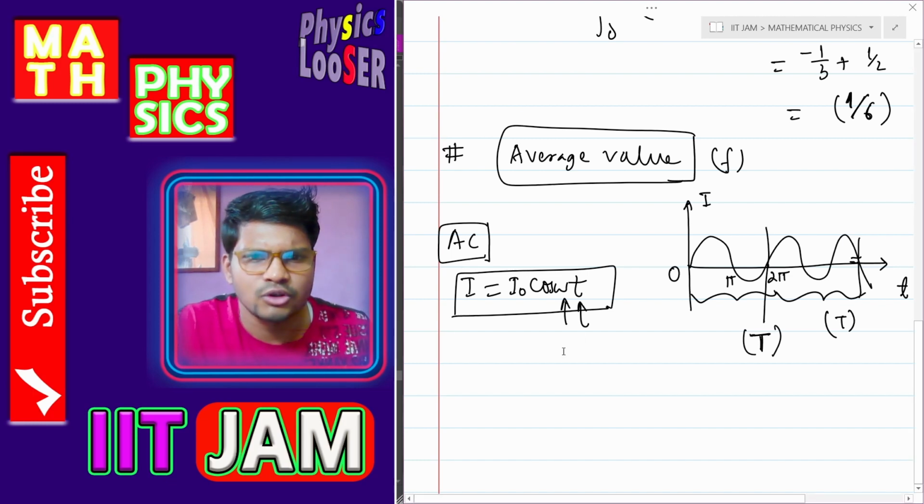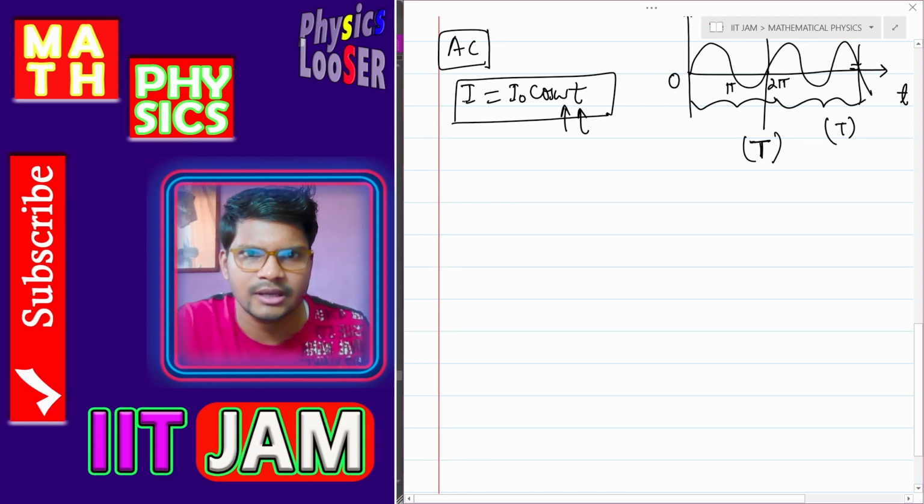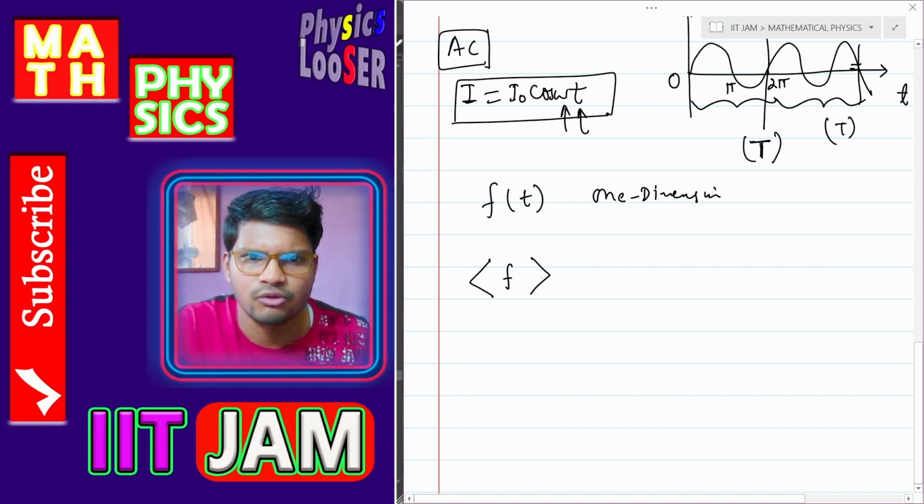Understood? So for an example, you have some particular function which depends only on, let us say, t, just like I depends only on t, where omega is constant. If f depends on t, it means that it is a one-dimensional variable. In order to find the average value, I'm writing f in angular brackets, denoting the average value of f.